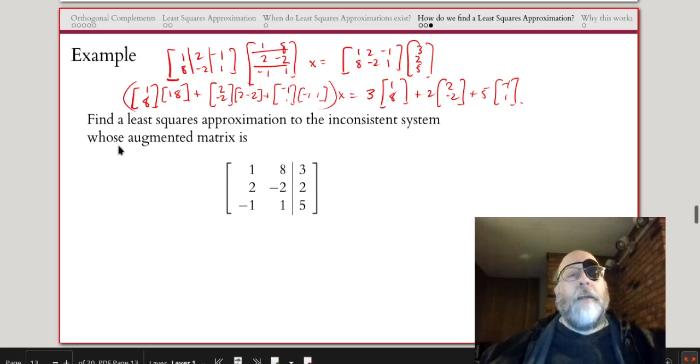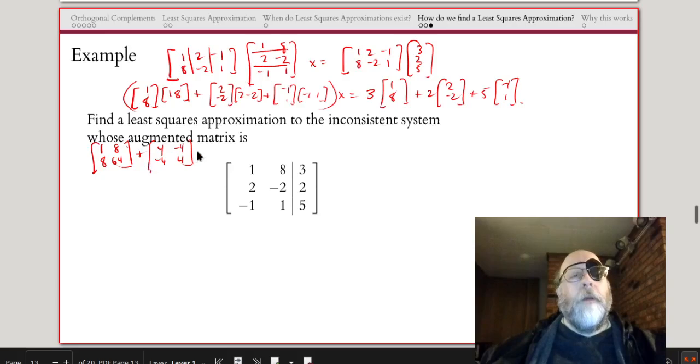So this side is, I'm going to write this out, [1 8; 8 64] plus [4 -4; -4 4] plus [1 -1; -1 1].